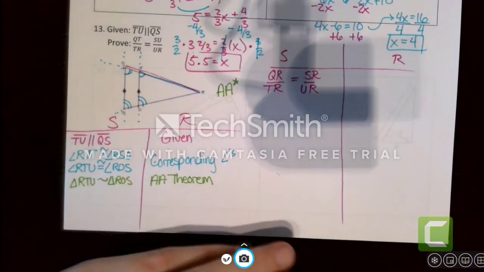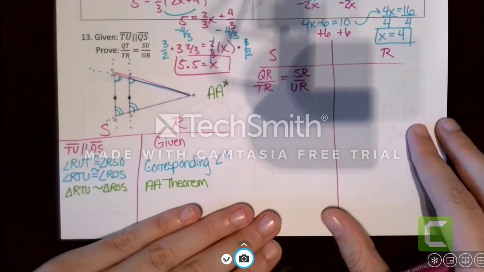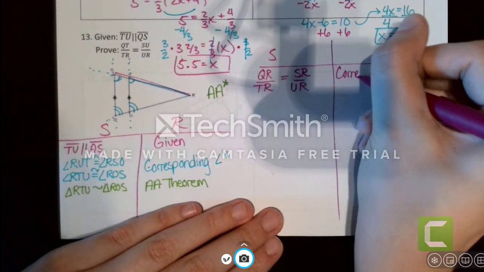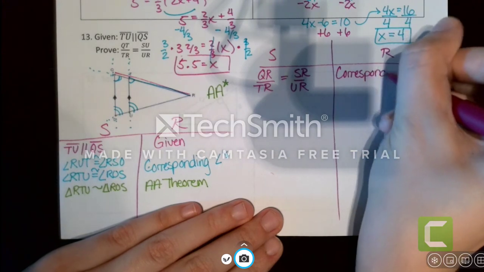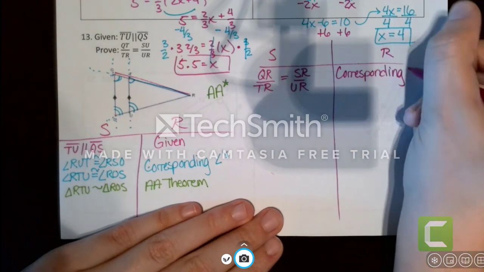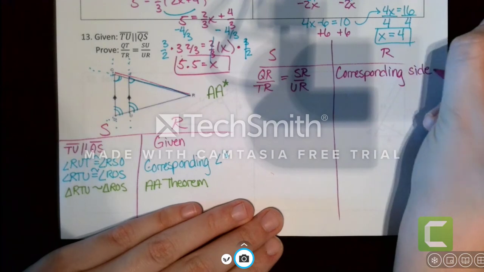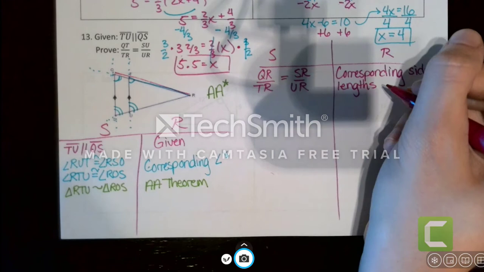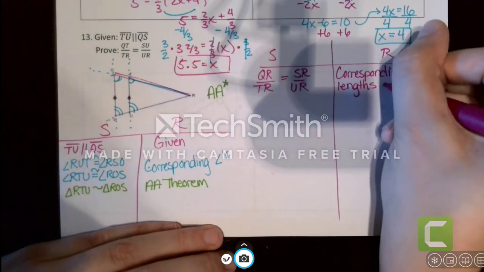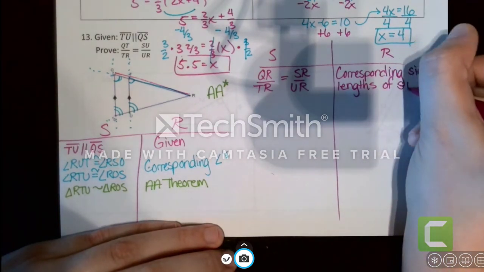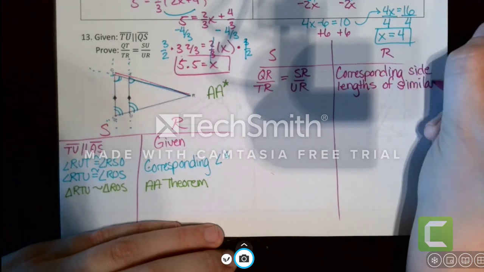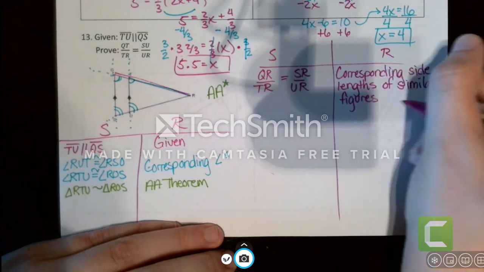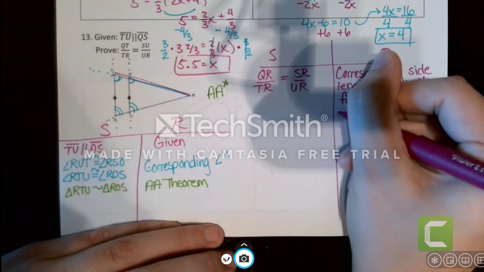And this is quite the reason for it. It's a little bit lengthy, and I'll write it down in full. This is due to the corresponding side lengths of similar figures are proportional.